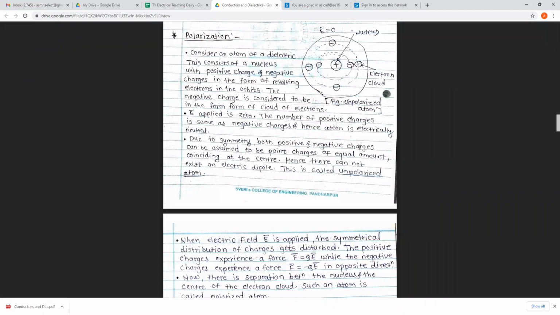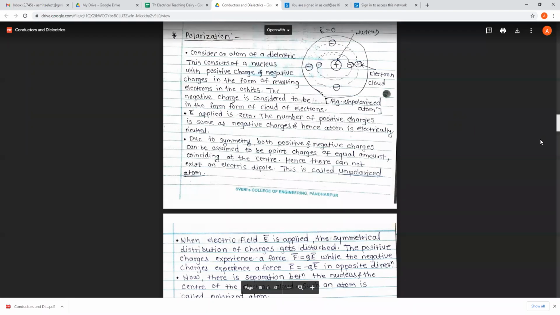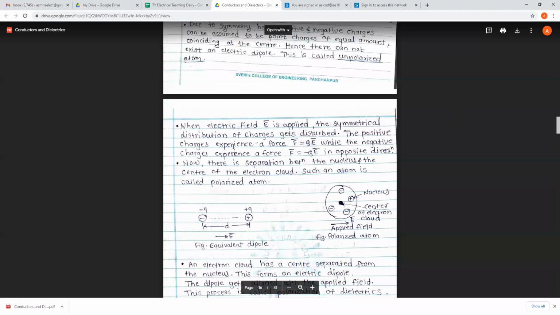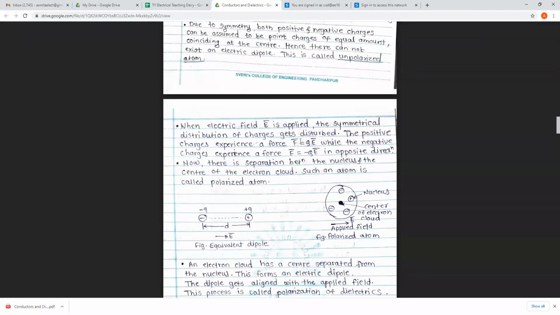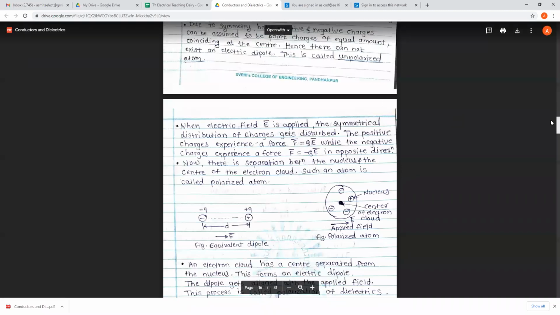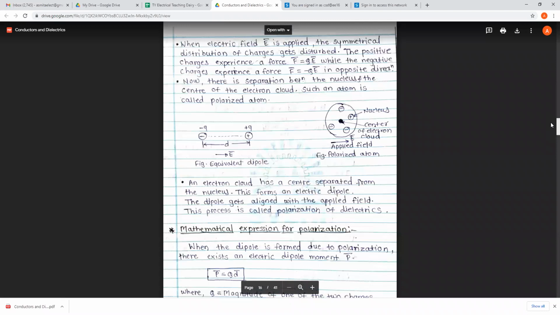But when we apply some electric force, electromotive force, that force F bar is equal to q into E bar. When we apply that force, the electrons collide with each other, and due to that some current will flow through the dielectric material also.